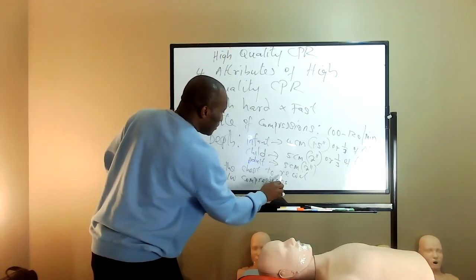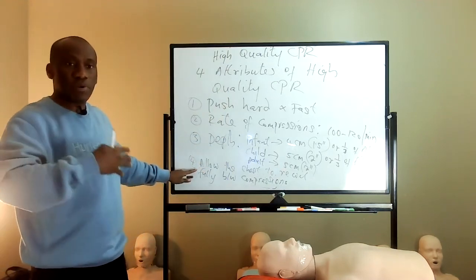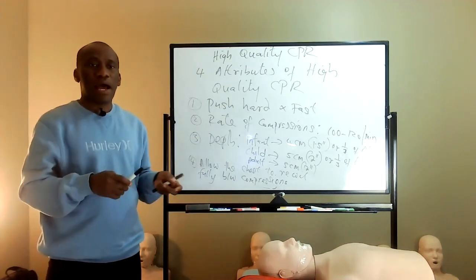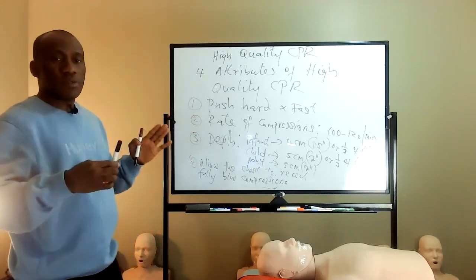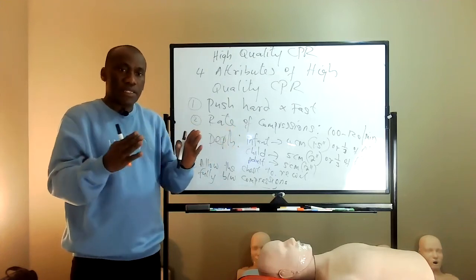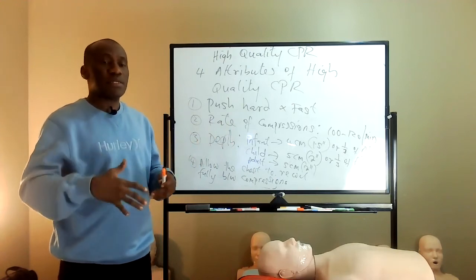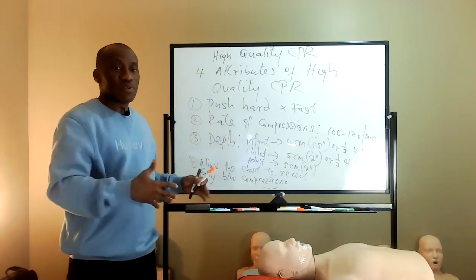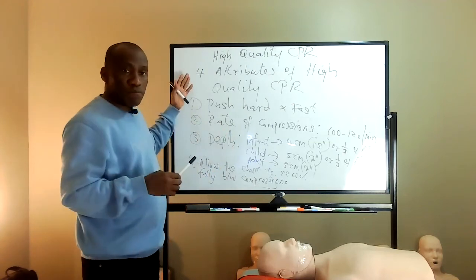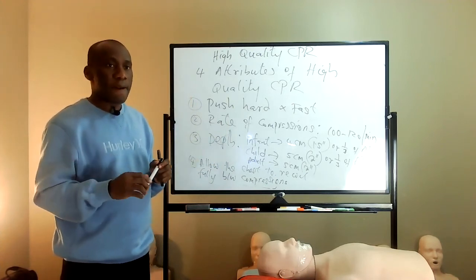This is very important because this is the time when the blood flows back to the heart. If you don't allow the chest to recoil when you compress, the heart should come back, okay? If you don't do that, you are not helping this person because you are not allowing blood to return to the heart. So most of these things will make sense during the demonstration, okay?